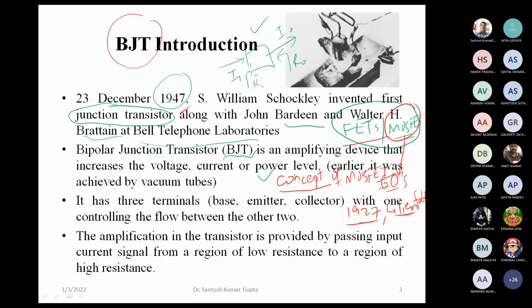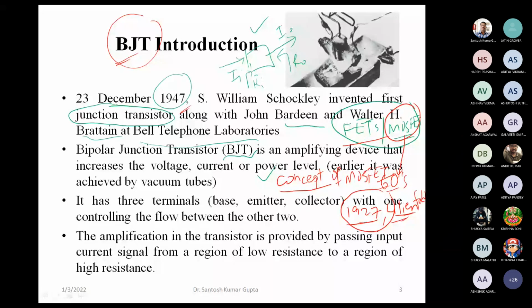When the MOSFET was invented in the 60s, people were excited that they had invented something new, but it was discovered later that the idea had existed much before its invention. But because of some technological obstacles, it couldn't be realized at that time. So BJT came first, and that's why we are looking at the BJT first here.